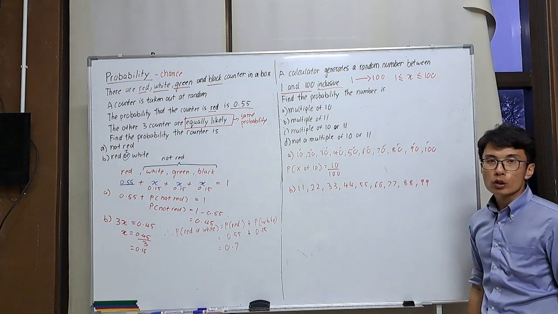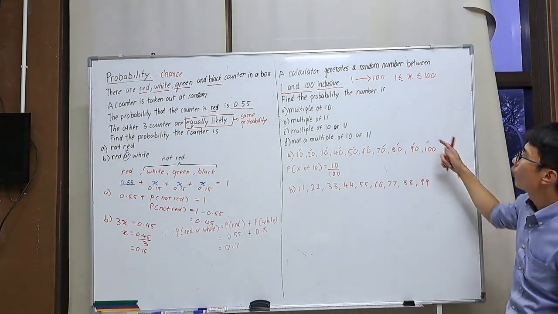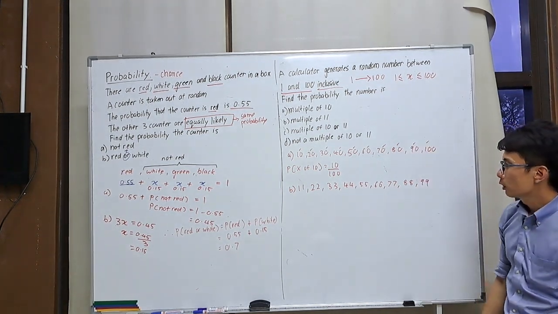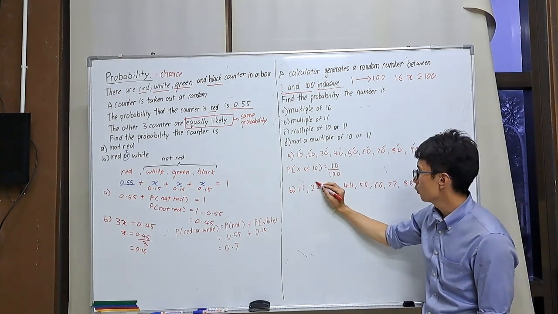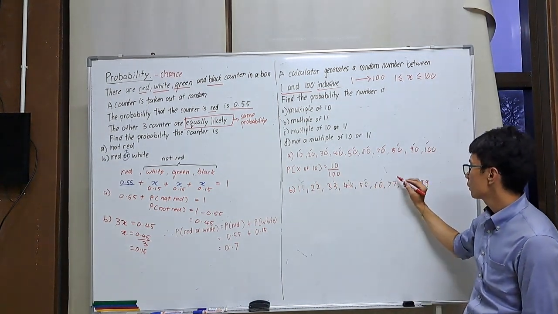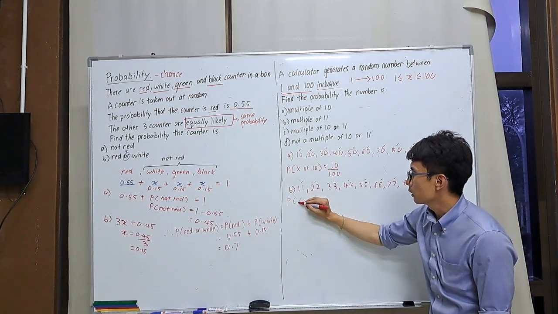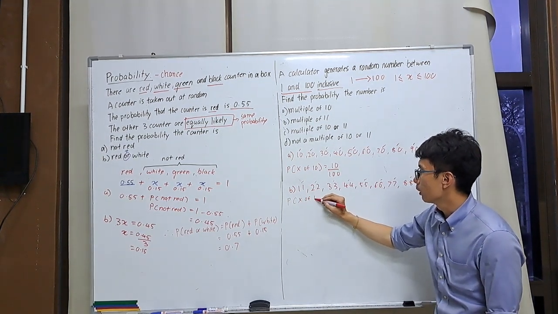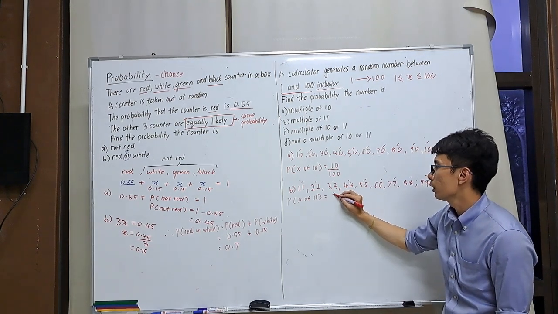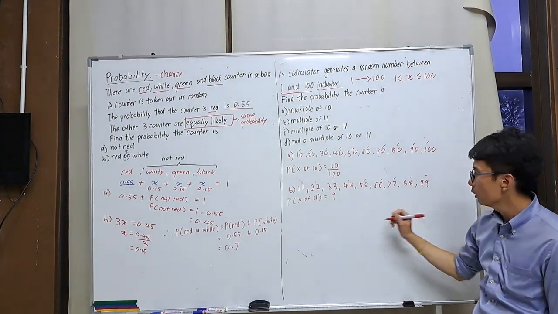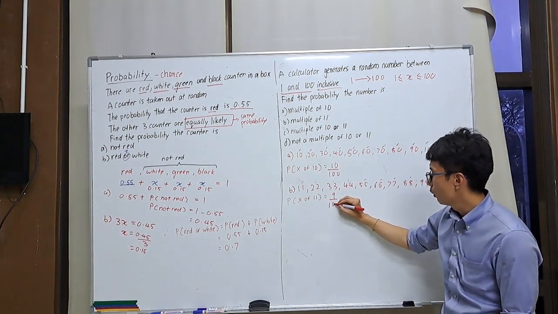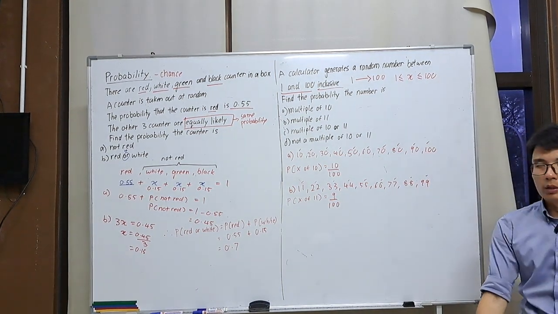All right, so that's all, because more than that I will exceed the range already, correct? So how many numbers do I have here? 1, 2, 3, 4, 5, 6, 7, 8, 9. So my probability that it is a multiple of 11 is going to be 9, my number of outcomes, out of 100, my total outcomes.